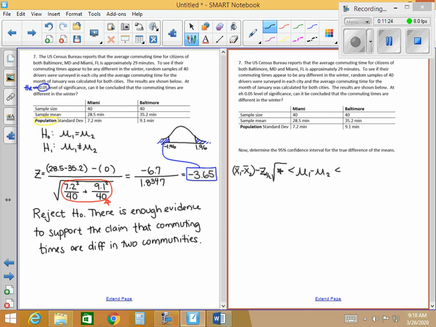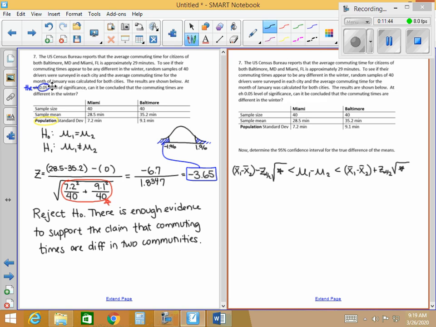And then at the top end, it's going to be the same value plus the z-score times the square root of star, star again being that stuff in the circle, the sigma 1 squared over n1 plus sigma 2 squared over n2.